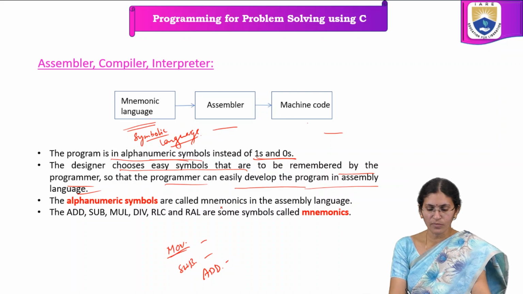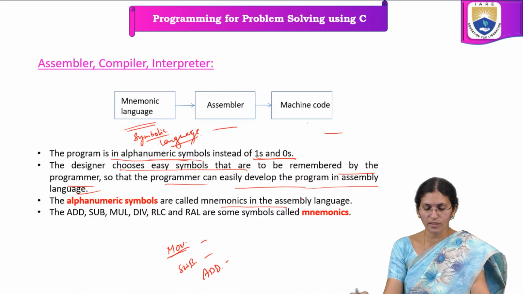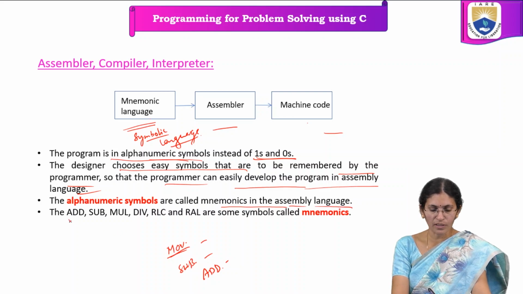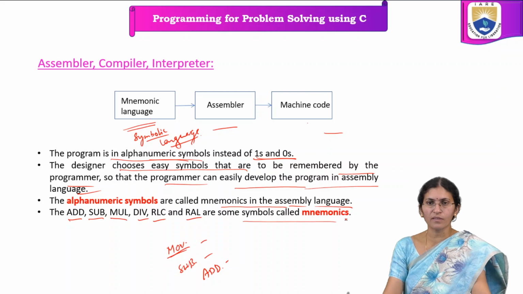These alphanumeric symbols are called mnemonics. For example, ADD is used for addition, SUB for subtraction, MUL for multiplication, DIV, RLC, RAL. These are some of the symbols which are called mnemonics.